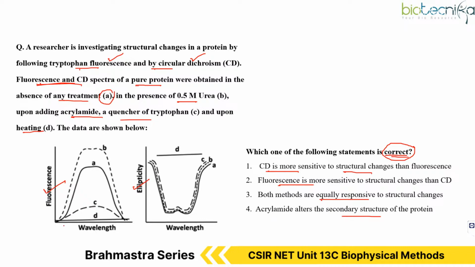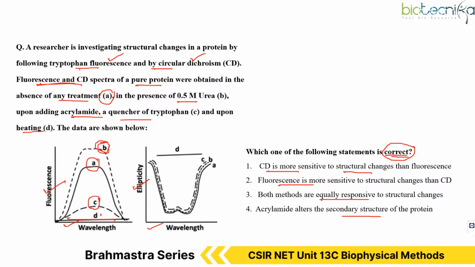You don't have to think out of the box. Simply see the result given. In fluorescence, you can see this is how we are getting the spectra in absence of any treatment, then in presence of 0.5 molar urea like this, in presence of acrylamide like this, and on heating a straight line.